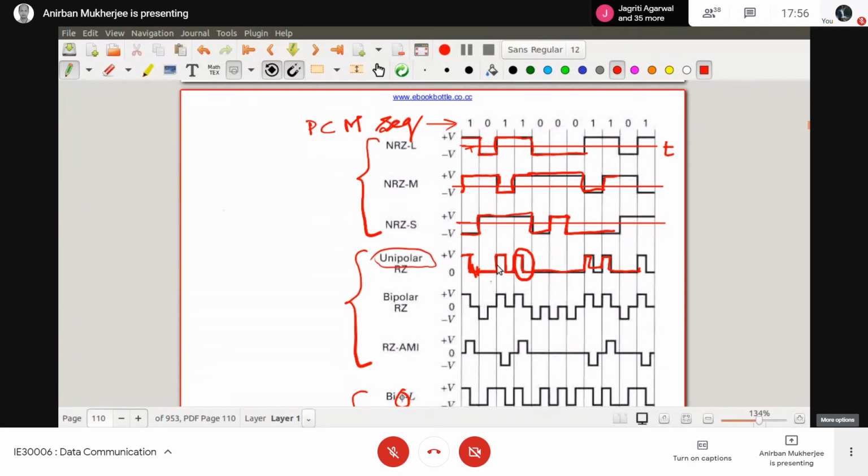So at the end of this bit duration, it will always be at 0, whatever may be the state.